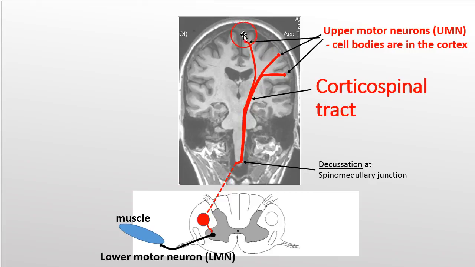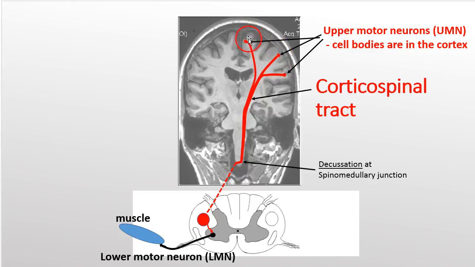If we look at a frontal section or a coronal section through the brain, we can see the origin of the corticospinal tract in the cell bodies of the cerebral cortex, with the leg area represented close to the midline, the arm area more laterally, and the face area most laterally.